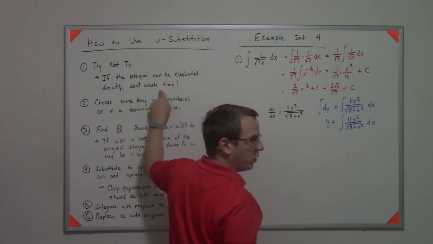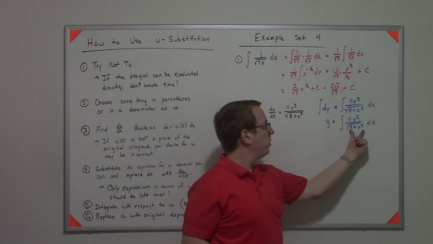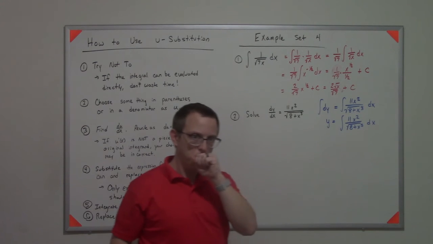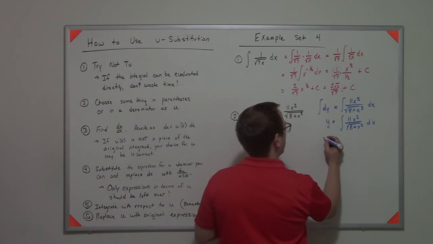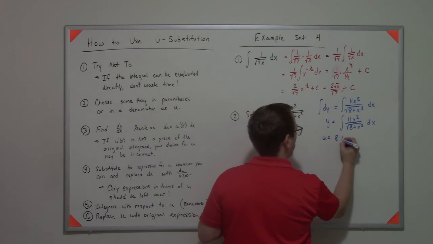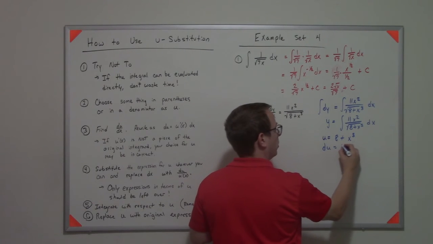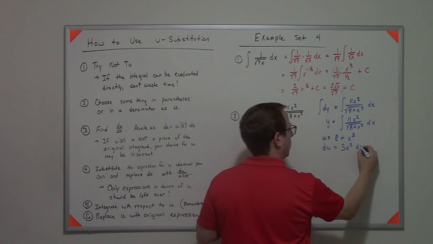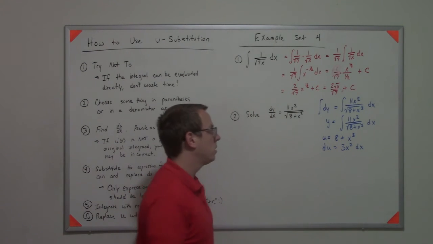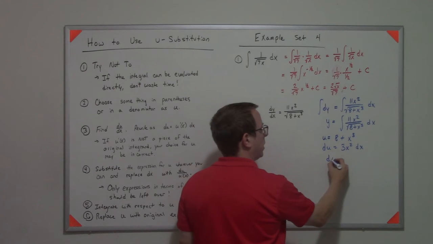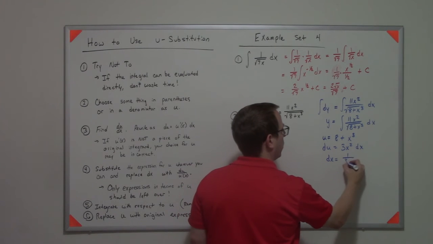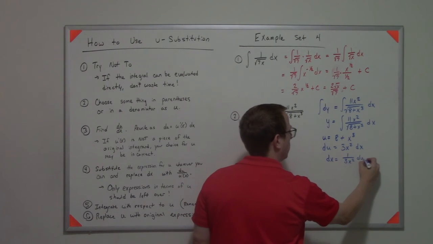We can't directly do it, so we need to pick something. Let's pick the thing inside the square root. We're going to say u equals 8 plus x cubed. That tells me that du is 3x squared dx, or equivalently dx is 1 over 3x squared du.